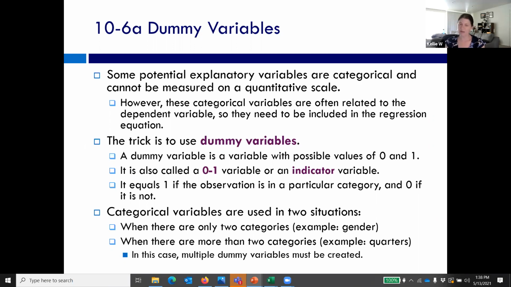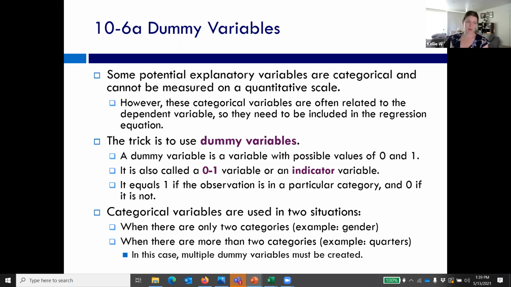For example, let's say we're trying to predict salary, and we feel that gender is a good predictor of salary. So we would want that dummy variable in there, and we would make males either 0 or 1 and then females the other. That's how we would insert that categorical measure of gender into a regression equation.